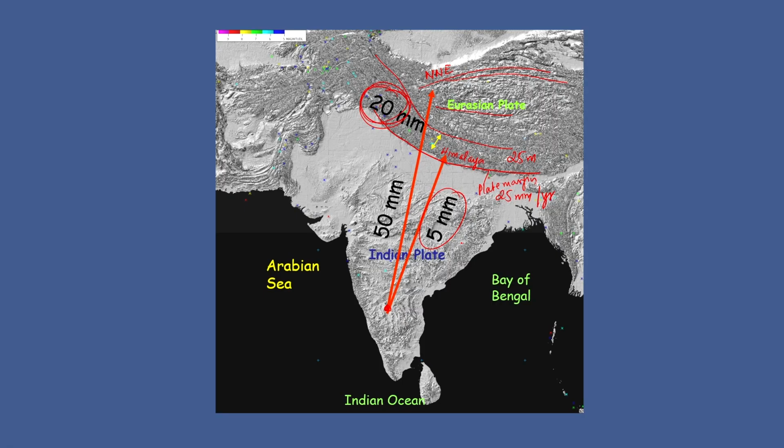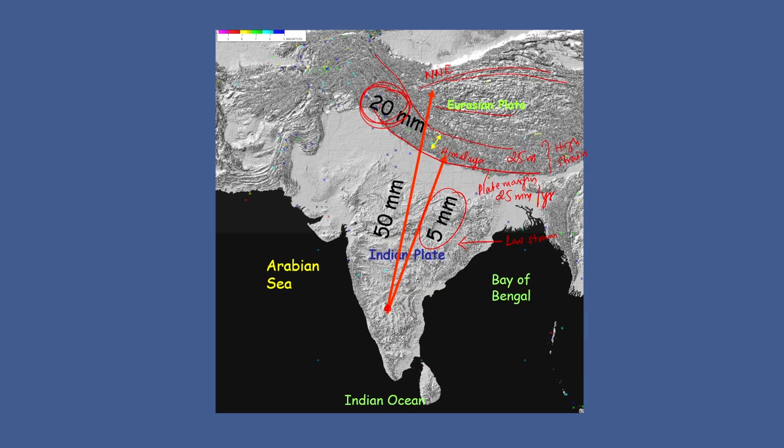Anyway, this region, the area between your Himalayan front and the rest, has been termed as the low strain region, and this area is your high strain. So this you should also remember.